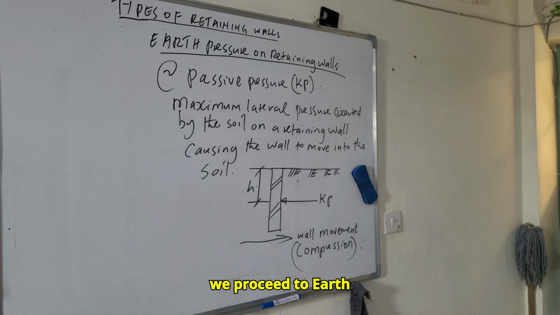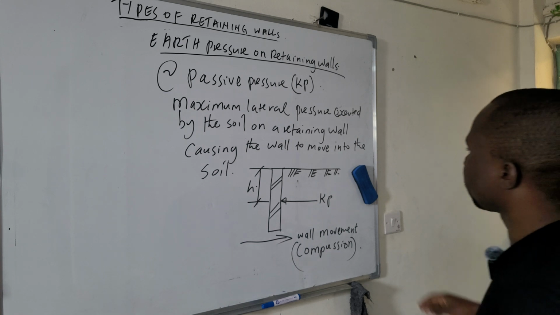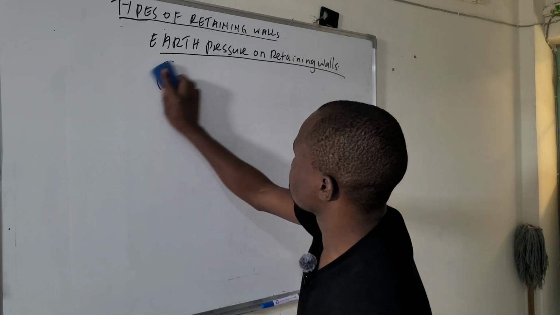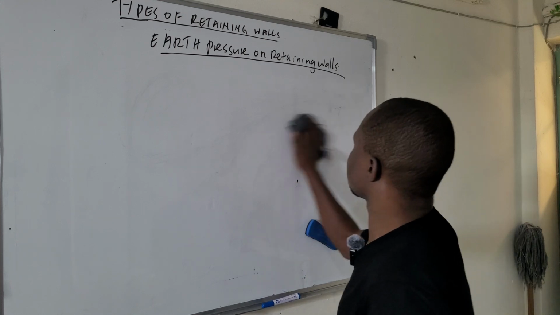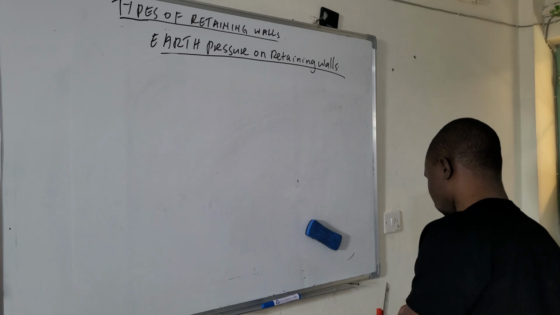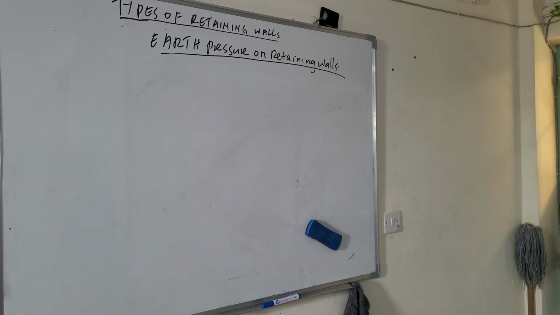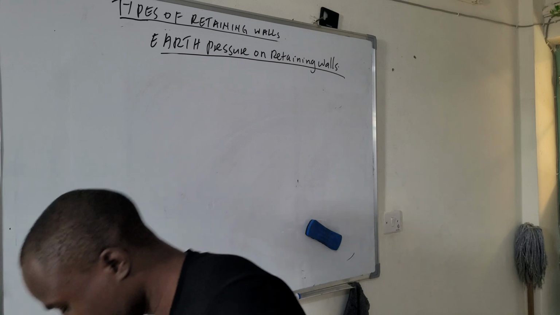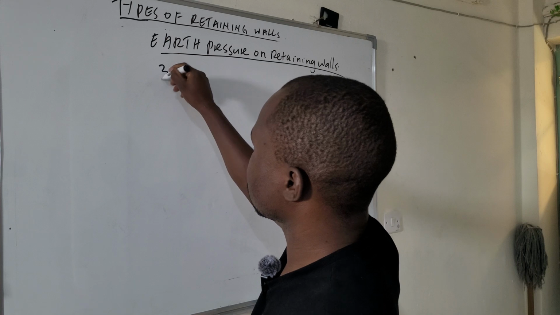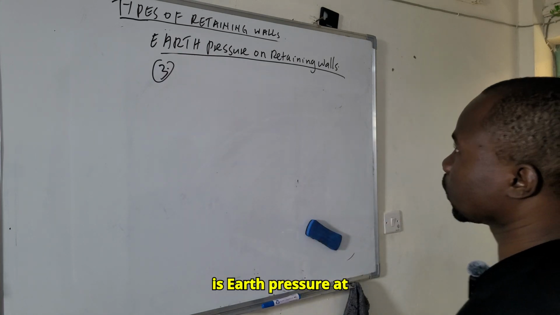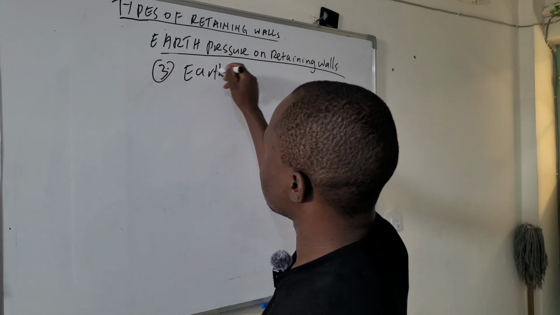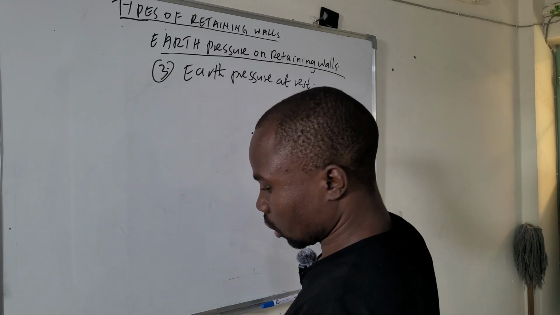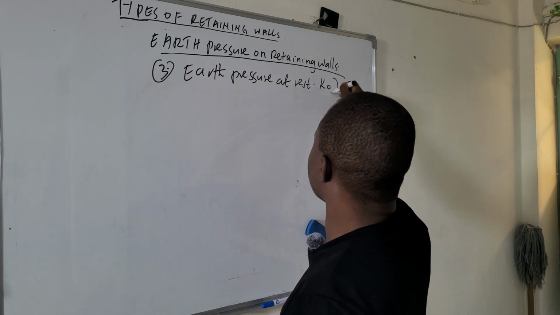We proceed to earth pressure number 3. Earth pressure number 3 is earth pressure at rest, Ko.